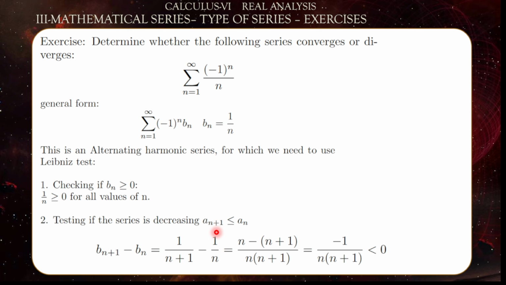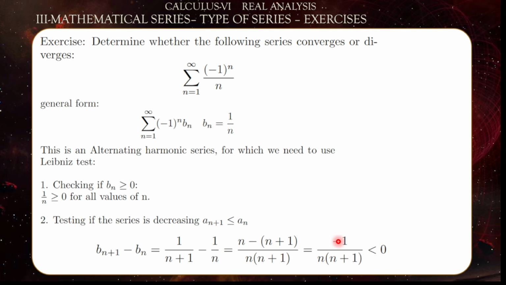Let's solve it: you compare it with 0 and check whether it is positive or negative. So it gives us n minus (n plus 1), within parentheses, divided by n times n plus 1, and n minus n is equal to 0.